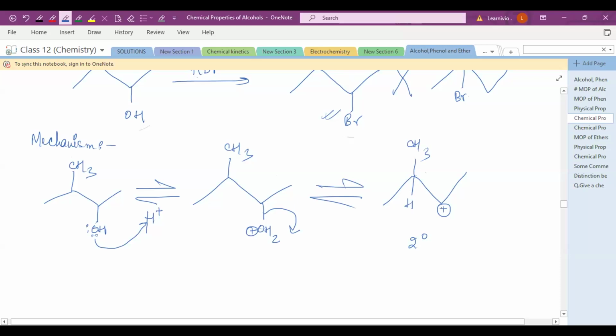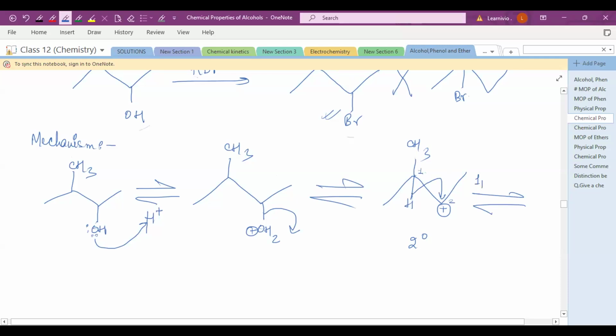This carbocation will take this hydrogen. See, this is the carbocation here, and this is the adjacent carbon. So this hydrogen will shift from here. Suppose this is the first position and this is the second position. So there you will see the hydride shift, the 1,2 hydride shift.